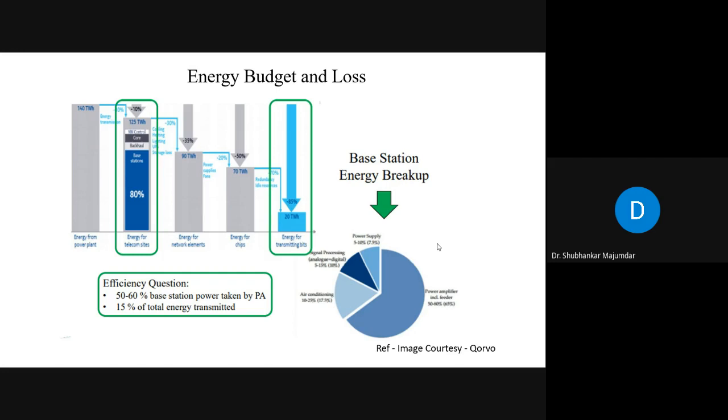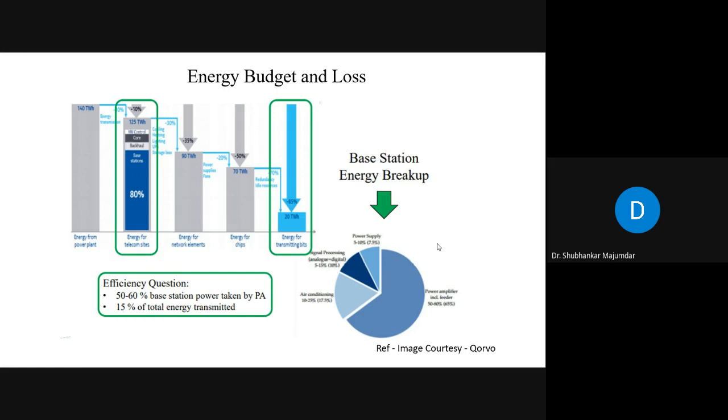So making a best suited power amplifier to reduce the power losses is the research question for researchers nowadays. Basically, they can do it by resolving the linearity issues and by resolving the efficiency issues.